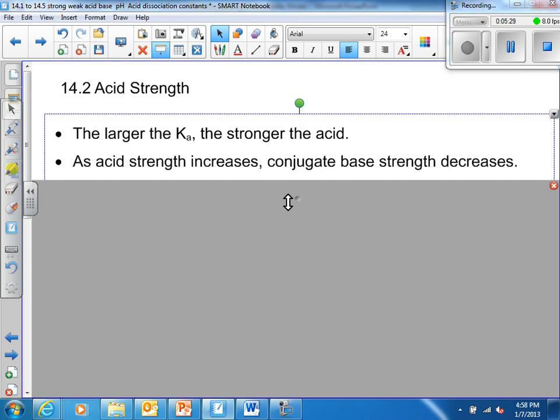All right, what else do we have? Another important thing. If an acid strength increases, the conjugate base strength decreases. So the stronger the acid is, the weaker the conjugate base is. So for very strong acids, the conjugate bases are extremely weak.